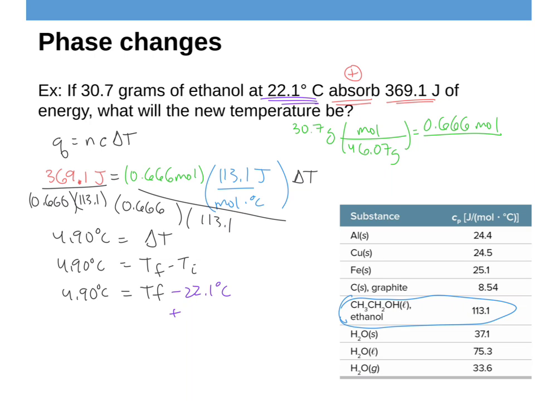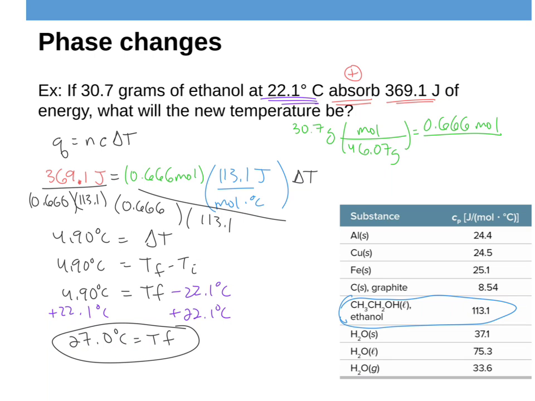So to isolate the T final, I just add 22.1 degrees Celsius on both sides. And I get a final temperature of 27.0 degrees Celsius, and that would be my answer. The final temperature would be 27.0 degrees Celsius. Again, to double check yourself, this temperature is higher. The temperature went up, right?